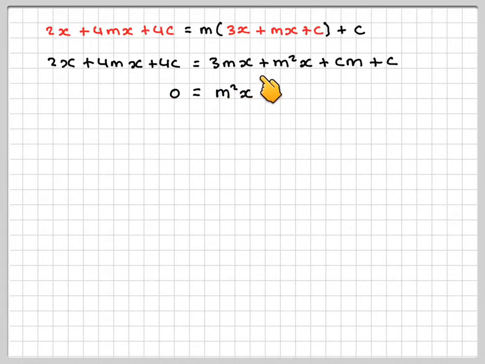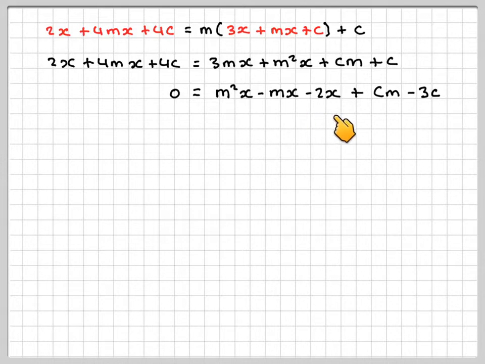Bringing 4mx over will make it minus 4mx, and then bringing the 2x over will make it minus 2x. And then bringing the c over here, we're going to get cm minus 3c, since c minus 4c will give me minus 3c.